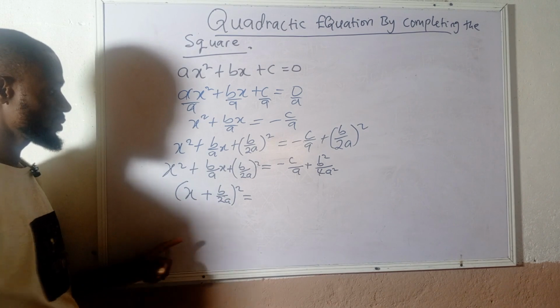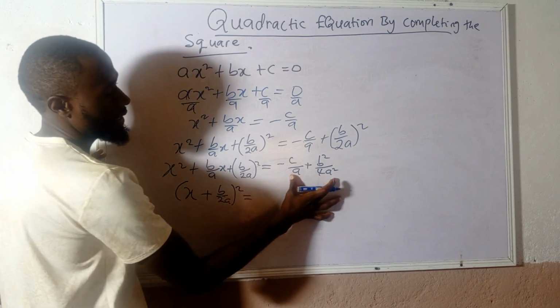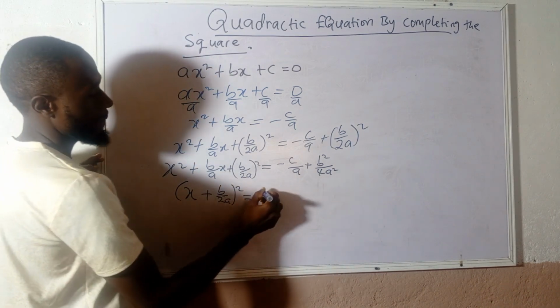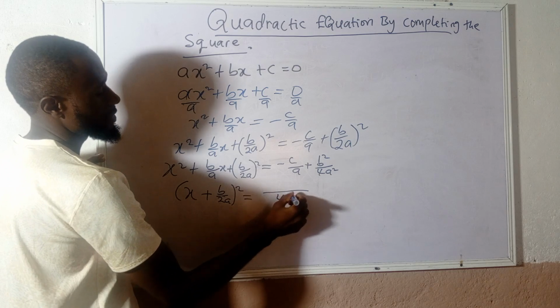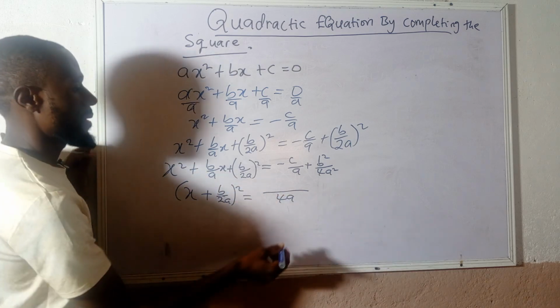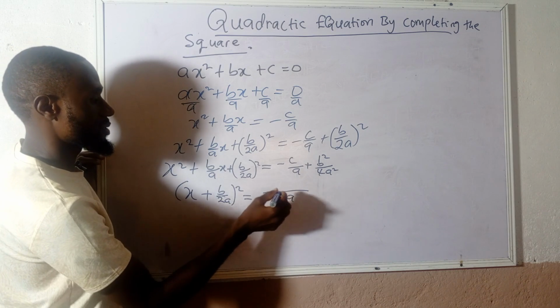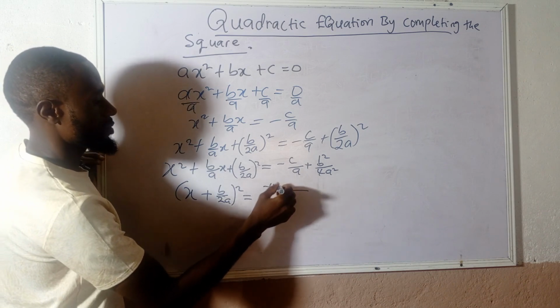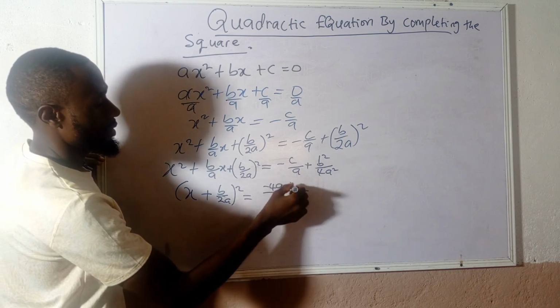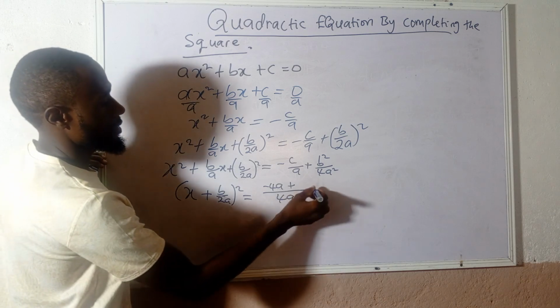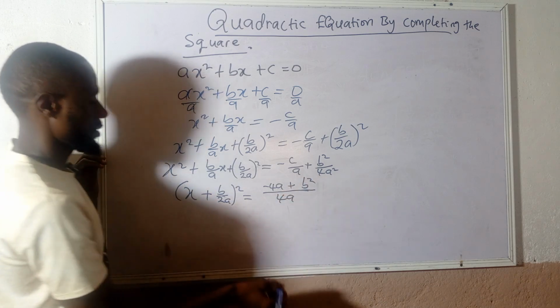This is equal to, you find the LCM here is 4a. 4a into a is, we have minus 4ac plus b squared.